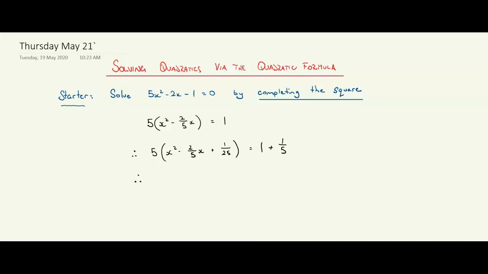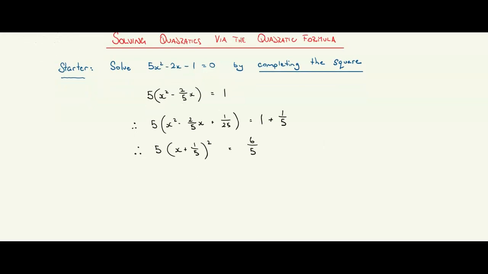So now what I have is 5 by x plus 1/5 squared on the left-hand side, and I've got 6/5 on the right-hand side. Now dividing both sides by 5, and I've got x plus 1/5 squared on my left, and on the right-hand side dividing by 5 or timesing by 1/5, I'll end up with 6/25.